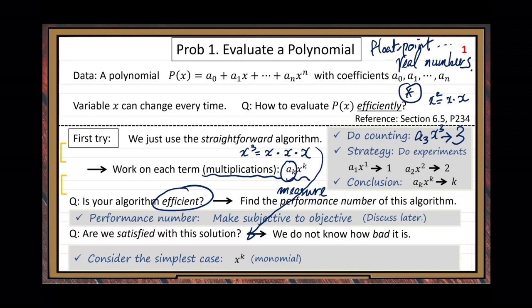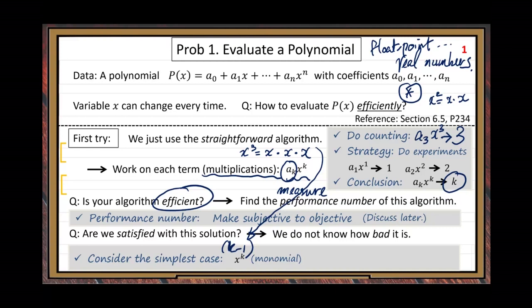That means of the k multiplications containing the a_k coefficient, we can save one. So the number should be k minus 1 multiplications to calculate x to the kth power. That's the old method.